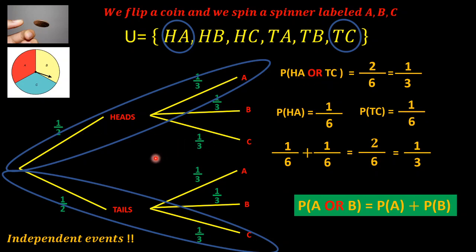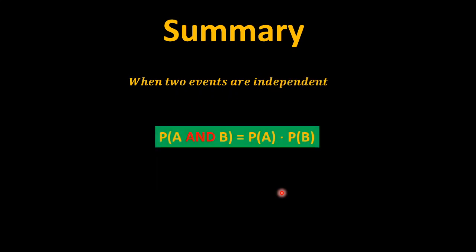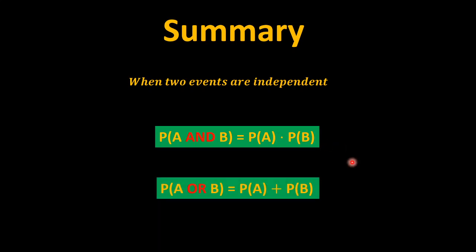And then, as a final thing, when I have a path, I multiply the numbers I find, plus I add the other path. So it is this times this, plus this times this. Okay. As a summary, when two events are independent, A and B, AND means times, OR means plus.